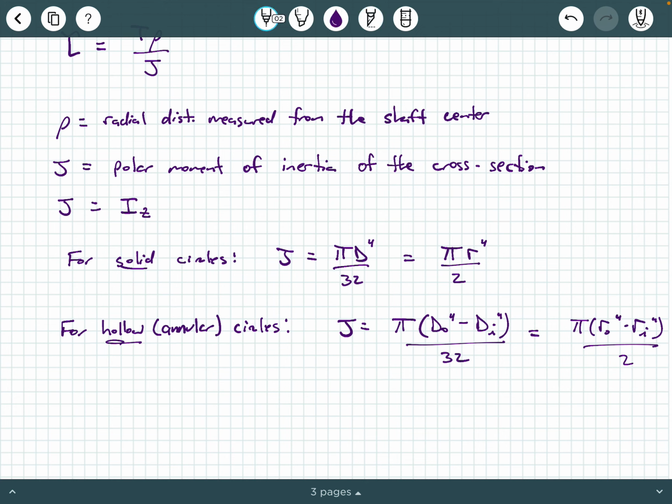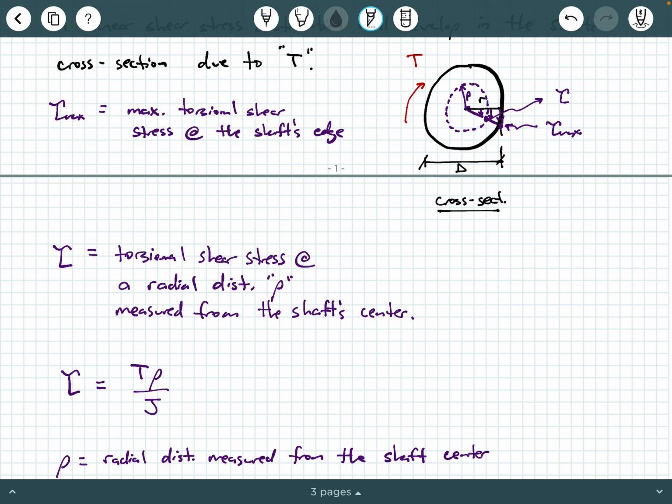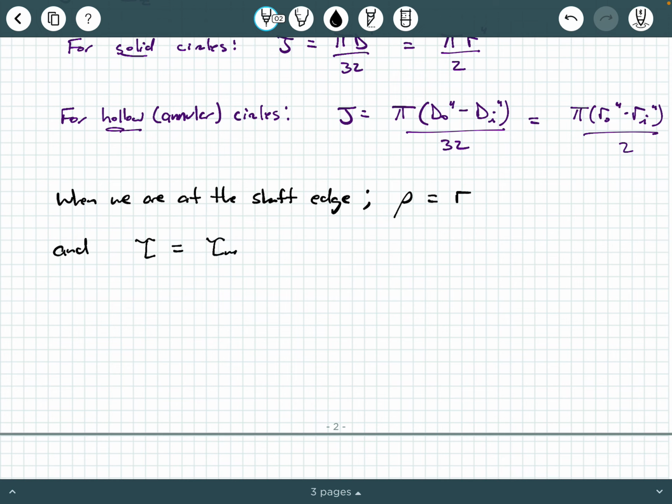Circles specifically, all right? So let's go back to our governing equation. Whenever we are interested in the shear stress at the shaft edge here, then rho is equal to the total radius r, okay? So when we are at the shaft edge, rho is going to be equal to the total radius r, and tau becomes tau max.